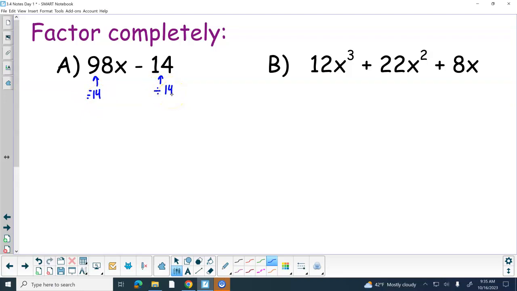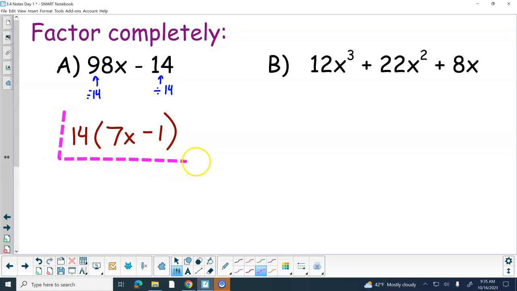Do we have variables in both? No. So 14 is my greatest common factor, and I'm left with 7x minus 1. 7 and 1 don't have any common factors. Both of them don't have an x in it. So I'm left with that.